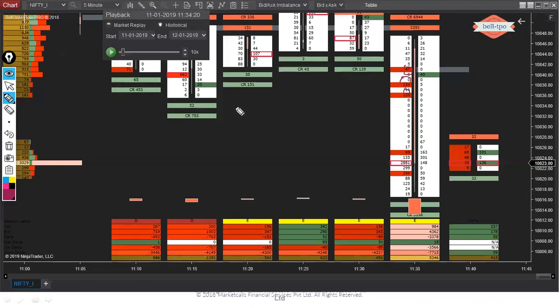So assume that this is a reference level and say that this is the previous day low. When they are pushing it hard, you're seeing a lot of zeros over there. That means those are no liquidity zones. No liquidity zones means in the limit order book, there are no sellers existing at those levels. Almost for 10 points, there is no liquidity available over there.